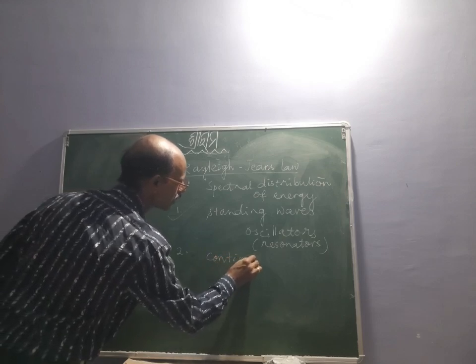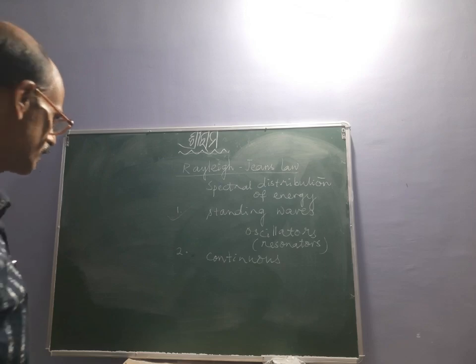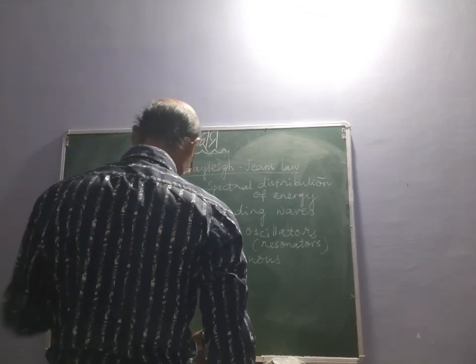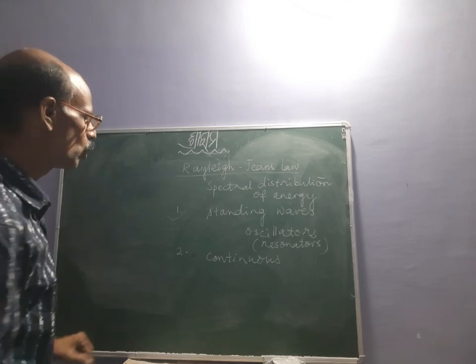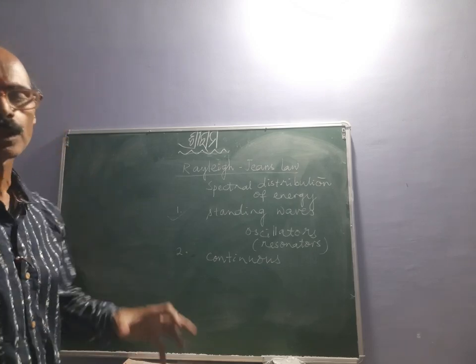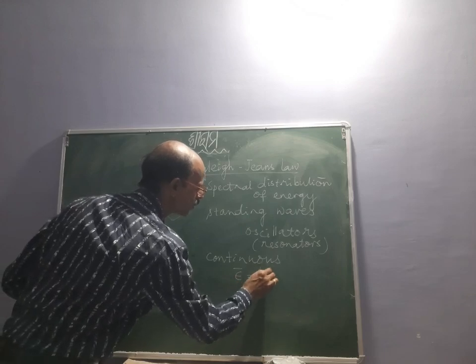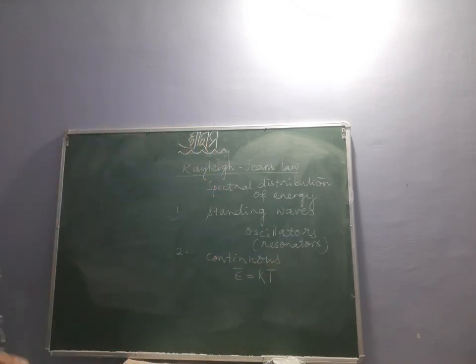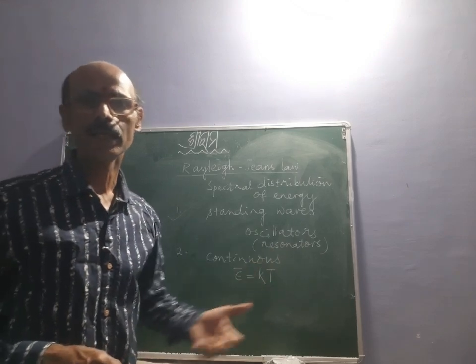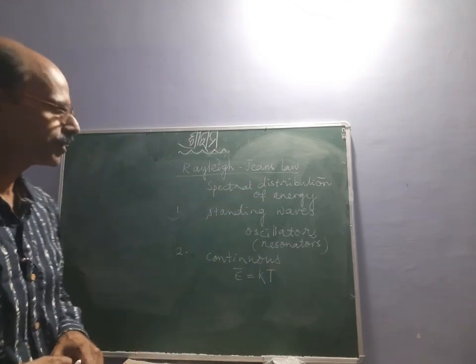Energy is continuous. It is not discrete. It is continuous, and at thermal equilibrium, each independent mode of vibration, each independent mode of oscillation, has average energy equal to kT. And remember, this is a classical approach to deal with the spectral distribution of energy.